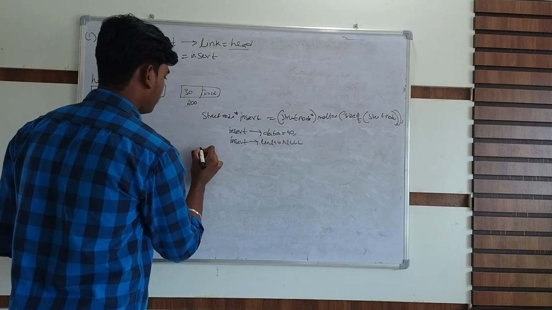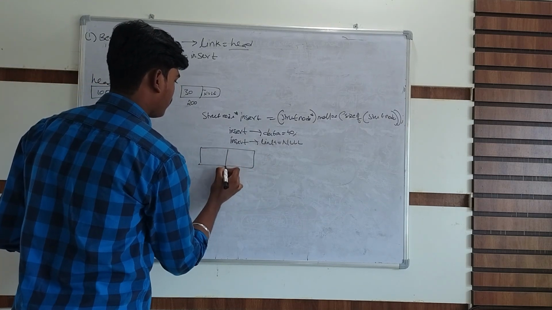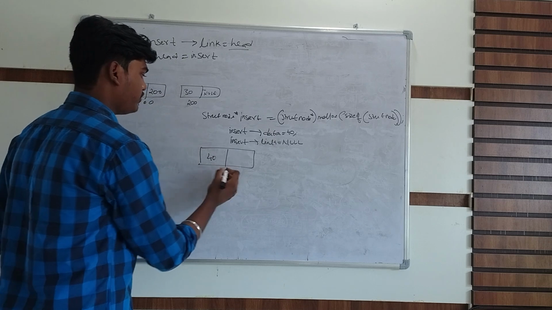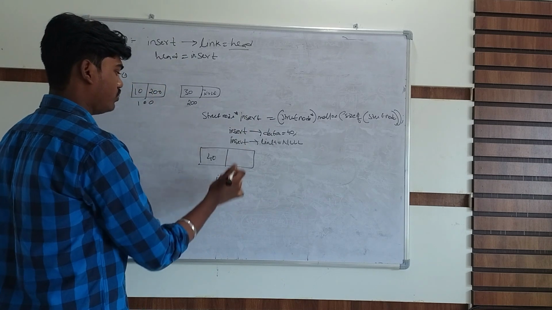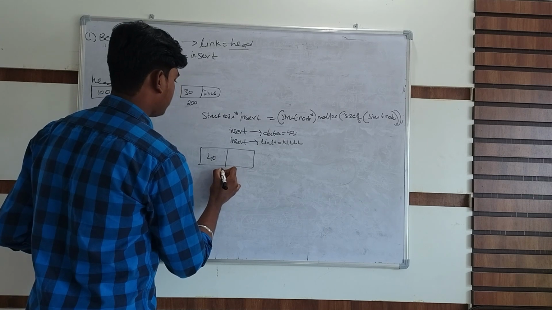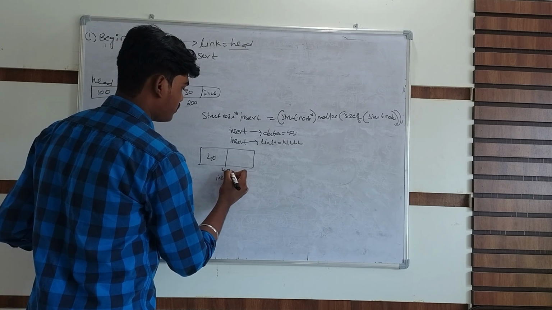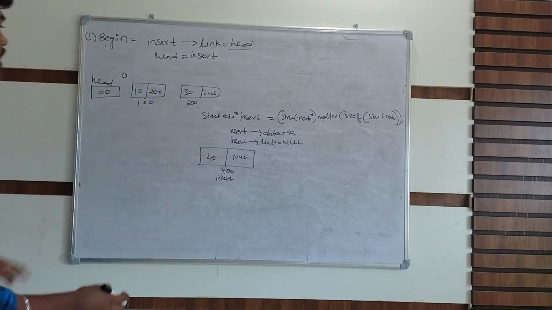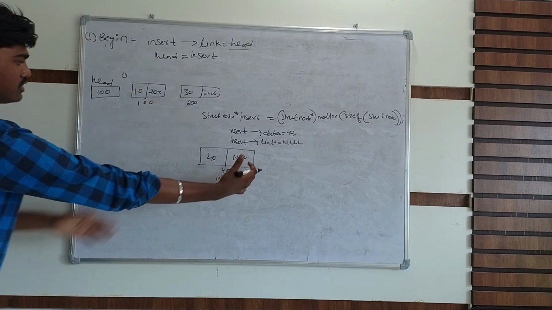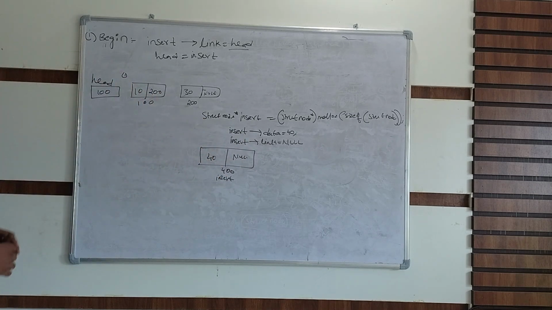So insert is storing the address of this node. Let us assume this address would be 400, and the link is null. We have to insert this node into this position. How can we insert?